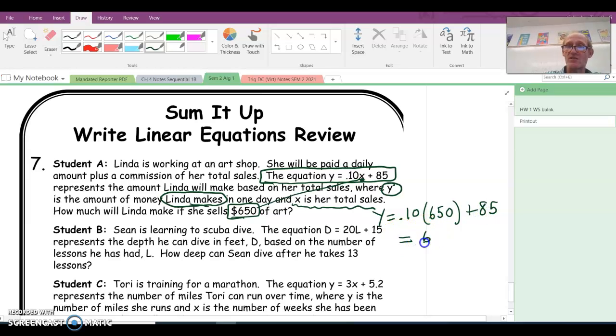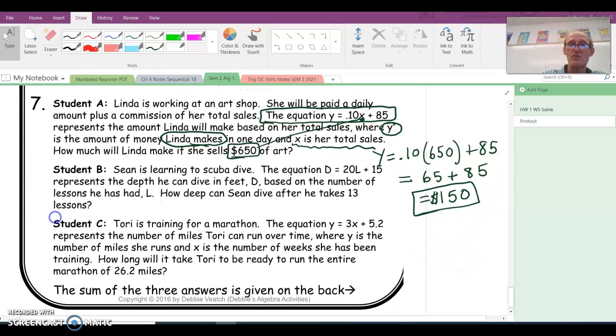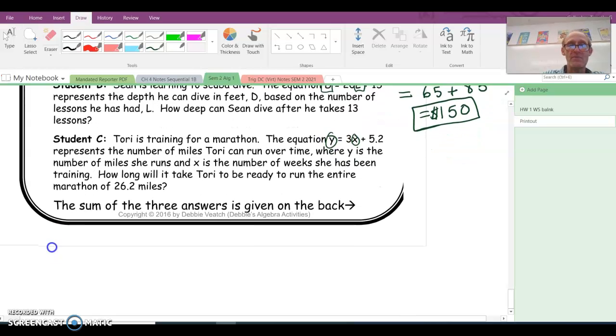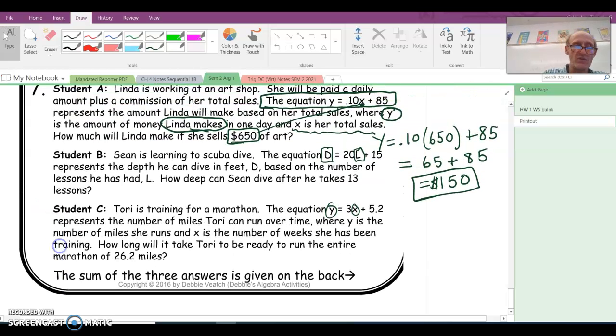So it's 65 plus 85, which is 150. So look for what the two variables represent, the L and the D in this case, the x and the y in this case. And you don't have to worry about this.